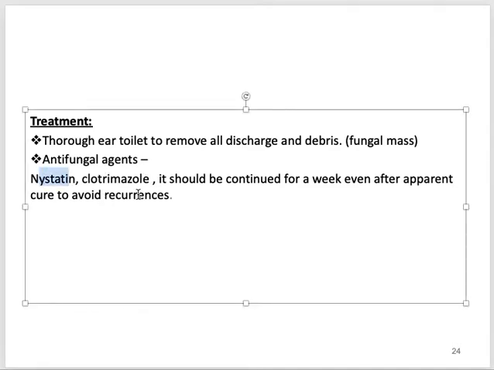Any of the antifungal agents can be used. So this is how we treat these patients. And again, keep the ear dry, okay, and keep on examining the patient if he is getting any bacterial infection. So treat for that.